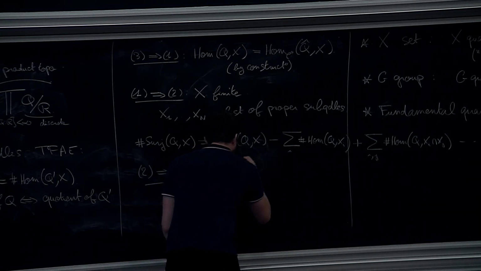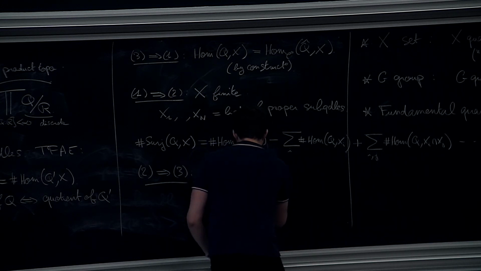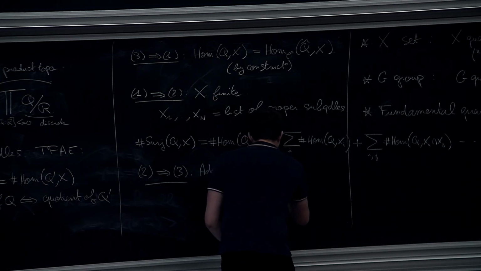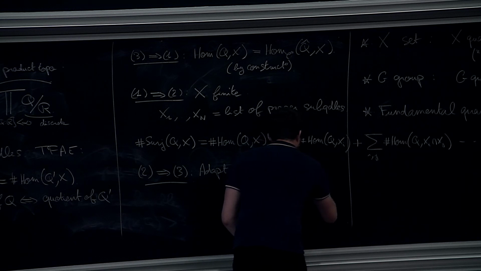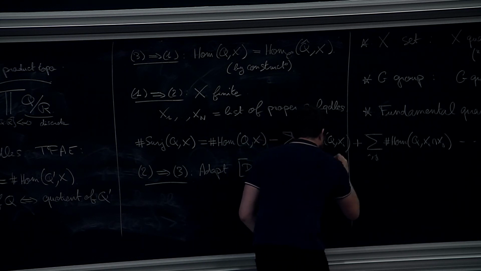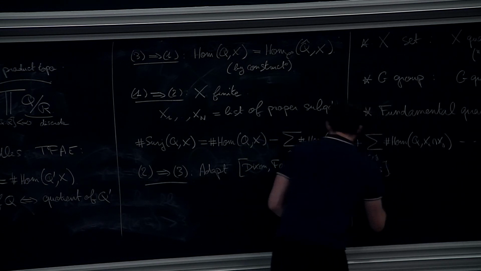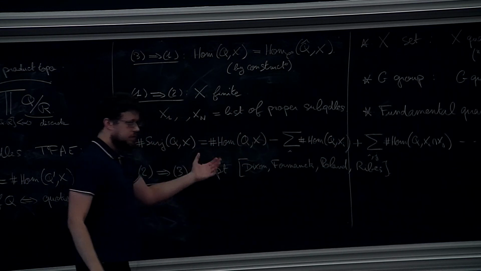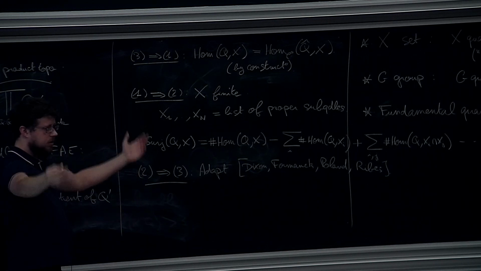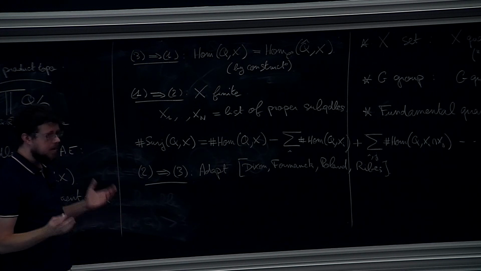And so you can adapt completely this work of, let me write their names, Dixon, Formanek, Poland, and Ribes. The thing is, it's actually very general. They do it for group theory, but you can do it for every kind of algebra.